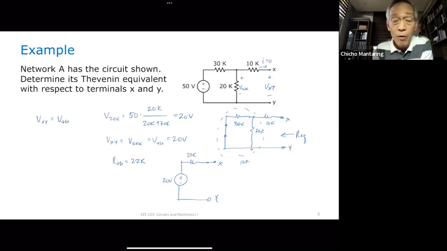Okay. Now, is this the only way to solve this problem? No, there are many ways to solve this particular problem. For example, one possible solution is we could have used source conversion. Note that I could have converted my 50 volt in series with my 30K to a current source.